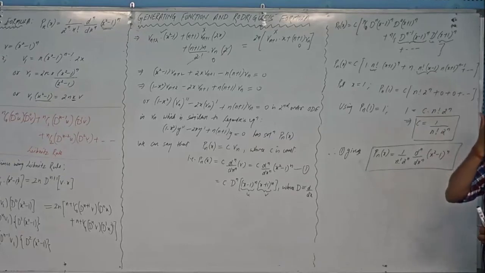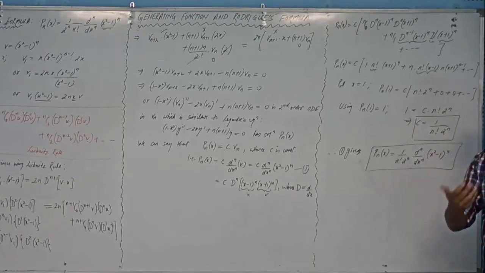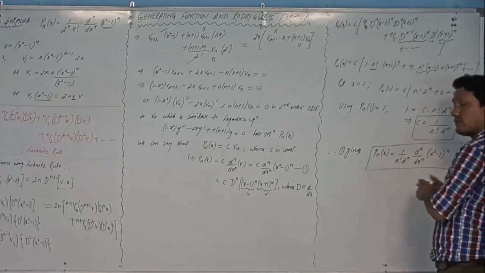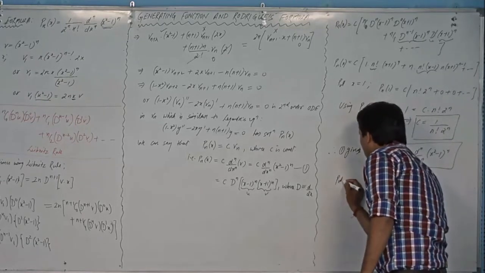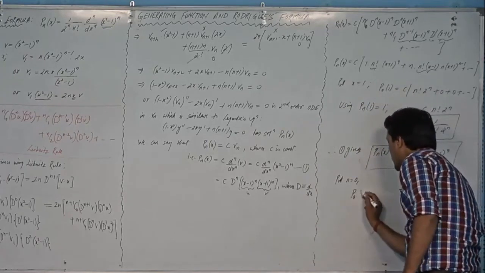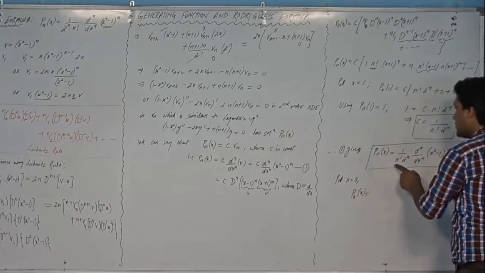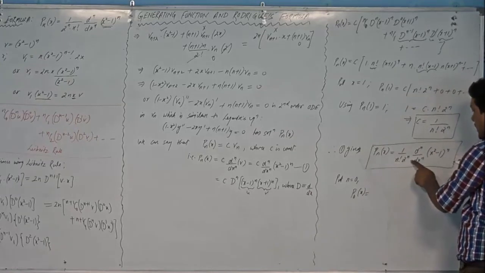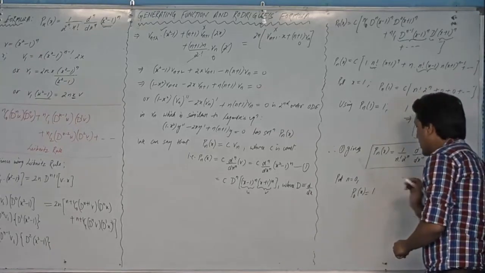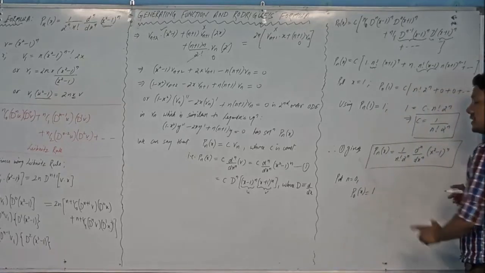Actually, this formula can give the value of P0(x), P1(x), P2(x) by just plugging the value of n equal to 0, 1, 2, 3. I will put those values. If you put n equal to 0, what will we get? We will get P0(x), right? And 0 factorial is 1, 2 to the power 0 is 1, and (x square minus 1) to the power 0 is 1. So ultimately, you will get 1, and this is indeed correct, right?